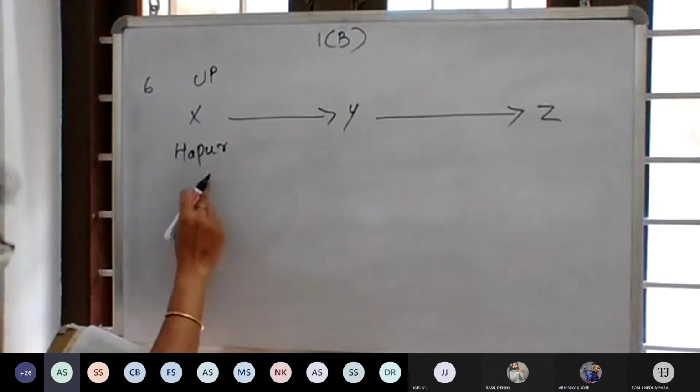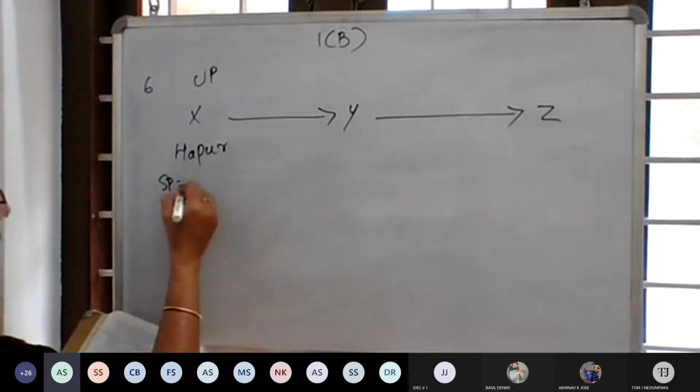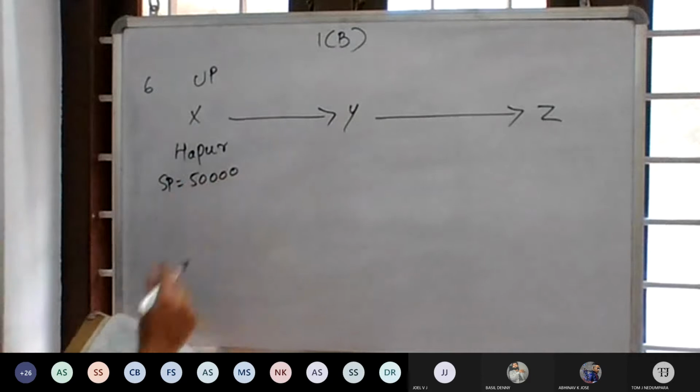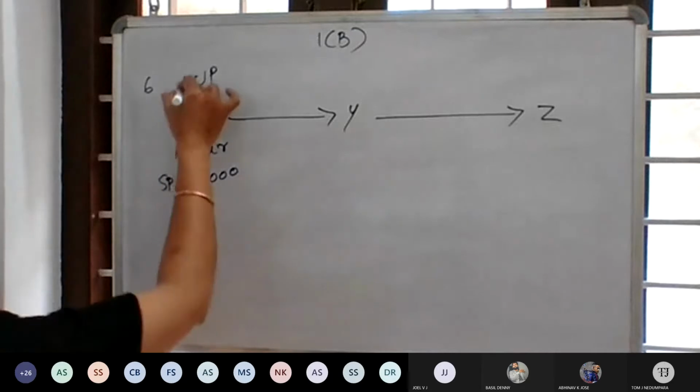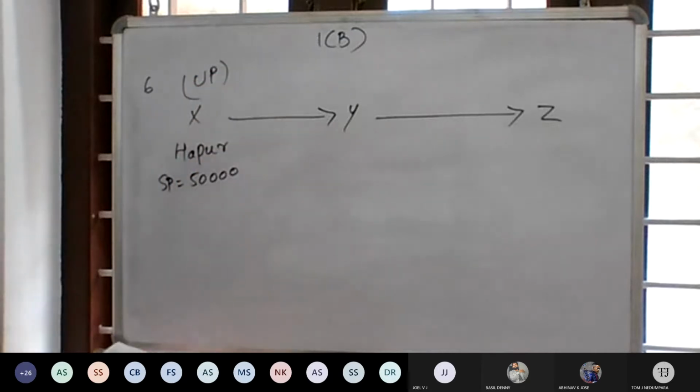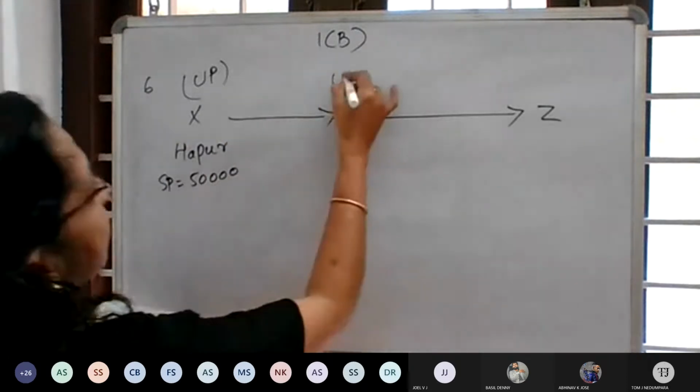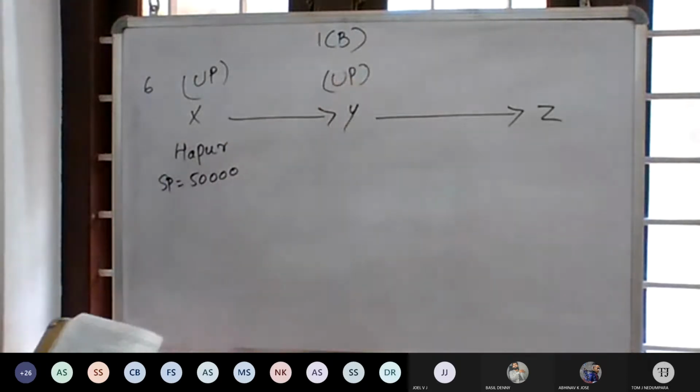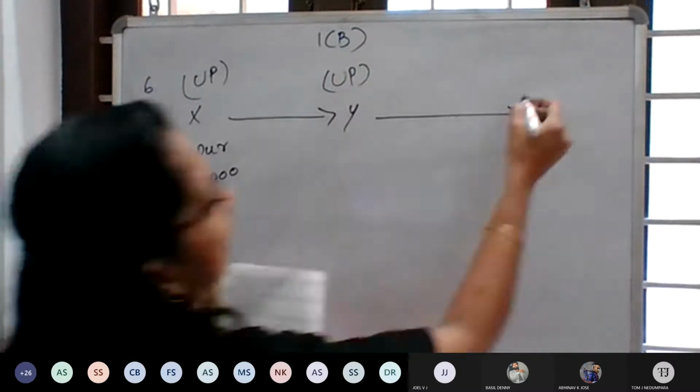So here we can write S is equal to. This is not compulsory. Step you need to write, but we can write like this way. Then Y in the same city. Same city means UP itself, no? Then dealer Y supplies the same goods to dealer Z in Calcutta.